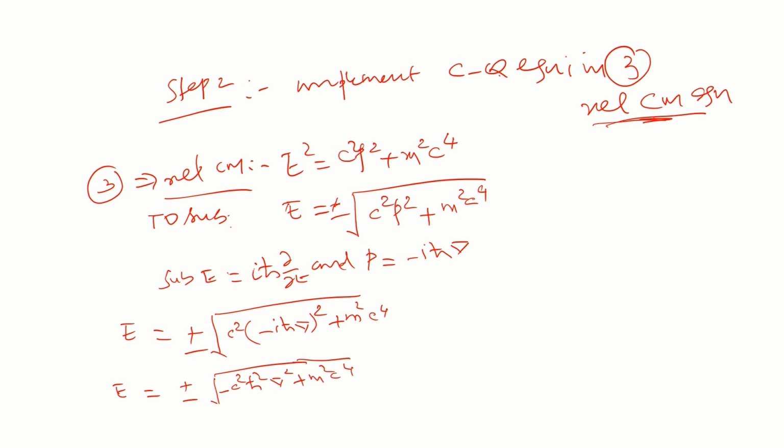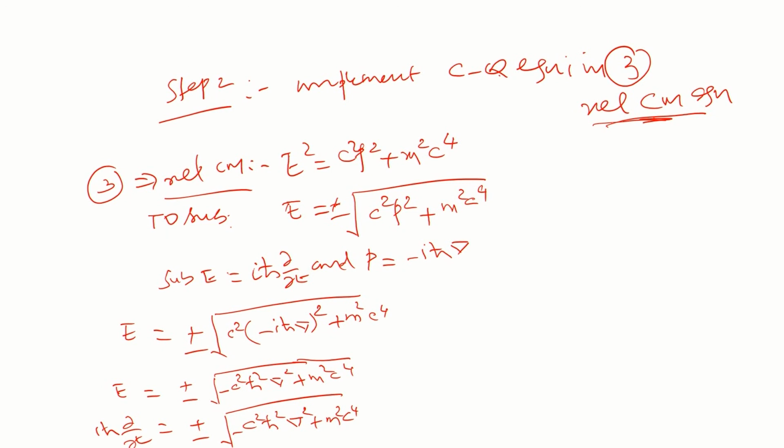This is the equation. Sorry, I have to substitute the E equivalence. So, E is to be replaced by iħ ∂/∂t equal to plus or minus root of minus C square ħ square del square plus M square C power 4.